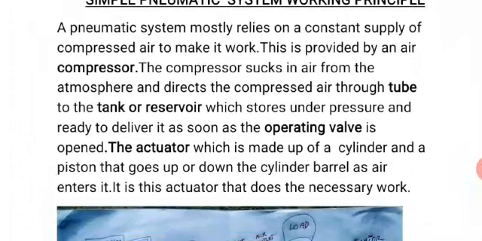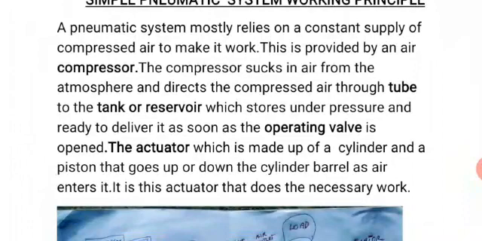This is provided by an air compressor. The compressor sucks in air from the atmosphere and directs the compressed air through the tube to the tank or reservoir, which stores it under pressure and ready to deliver it as soon as the operating valve is opened.